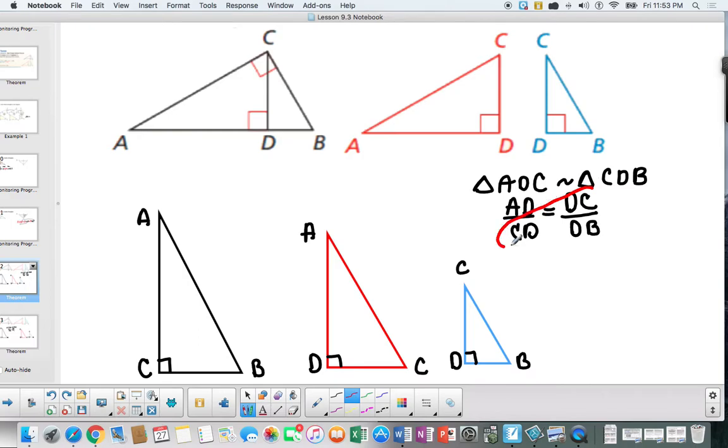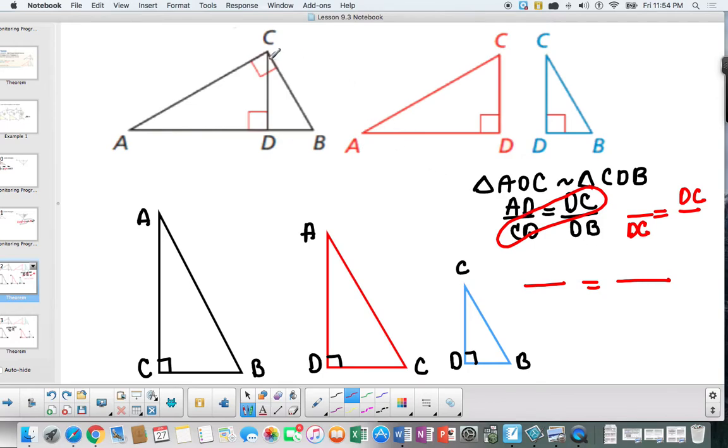I notice that I get a geometric mean. Remember the geometric mean, you get one when you have the same thing across the diagonal. It could be X or it could be DC. Now, instead of memorizing letters, I'd like you to memorize what it represents in words.